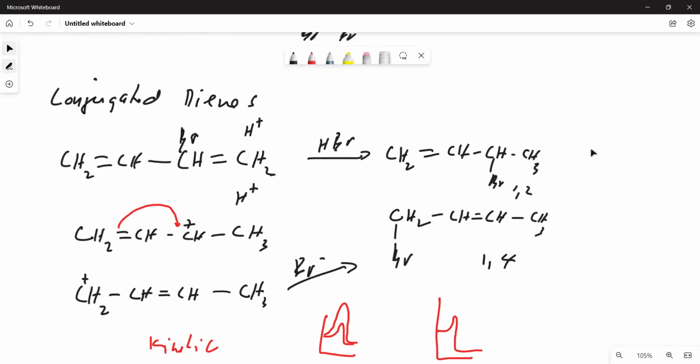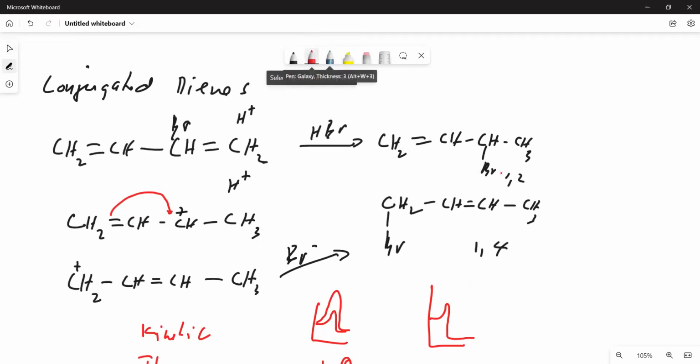Now, we can also evaluate this in terms of stability, why the 1,2 is the kinetic controlled product. Because if you recall, where the halogen is attached, here the bromine, that is where the carbonium ion is. That's why you attach the nucleophile there.